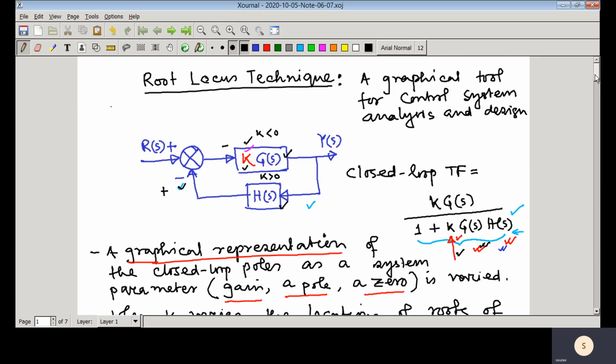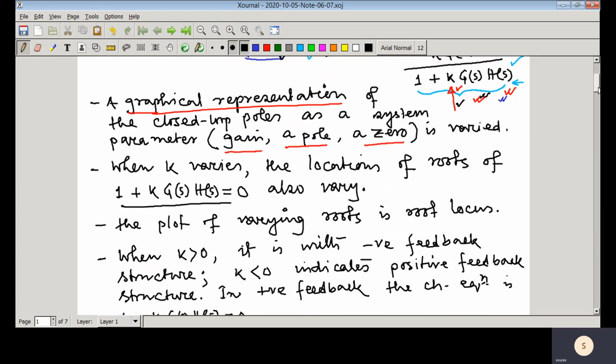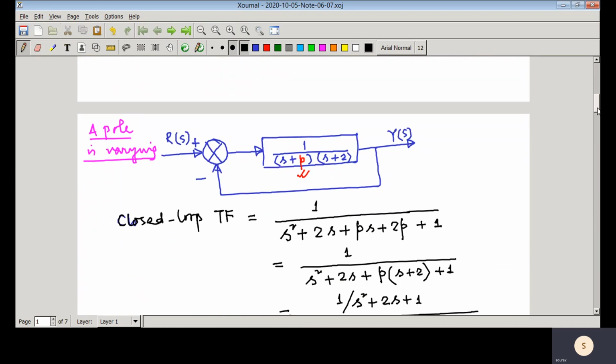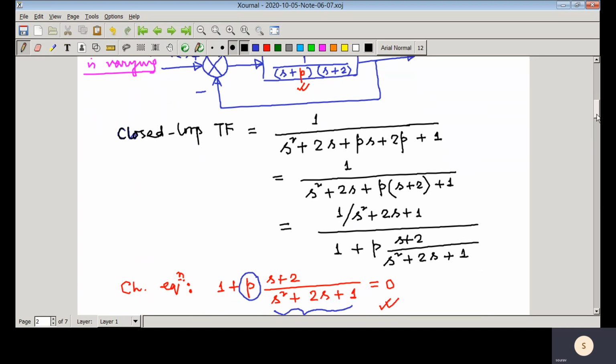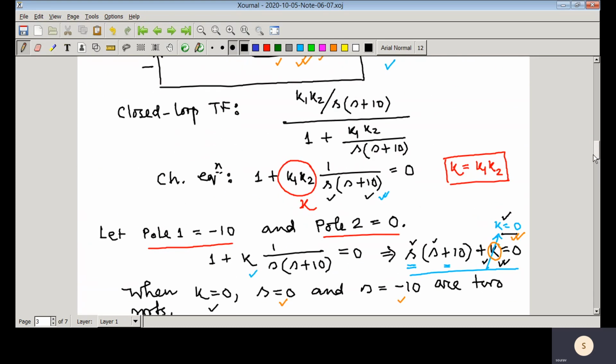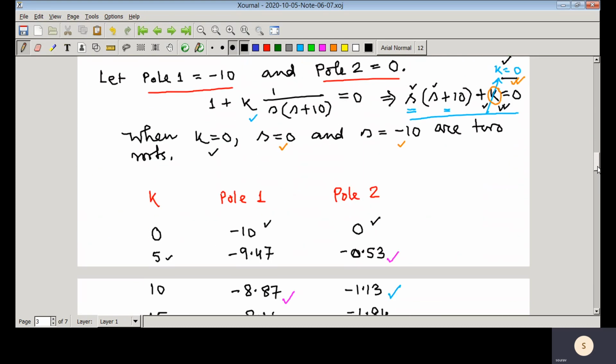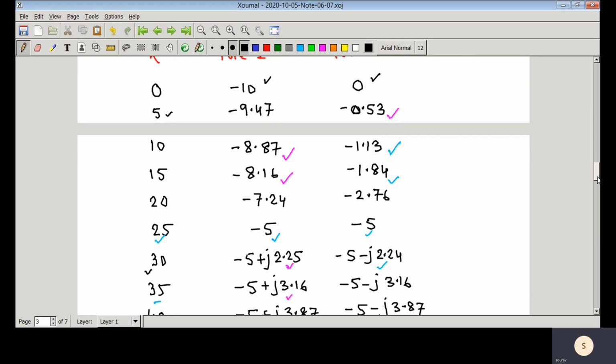Root locus is a graphical tool for control systems analysis and design. Whenever you have a closed loop system and a parameter is varying, that parameter may be the gain or a pole or a zero, and we have seen how to formulate that problem in the root locus framework. Then we took one example and numerically showed what the root locus is.